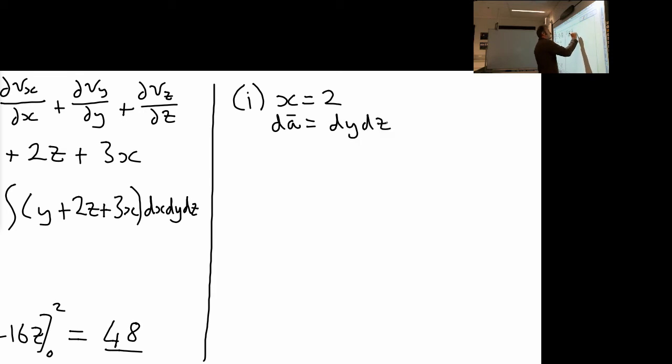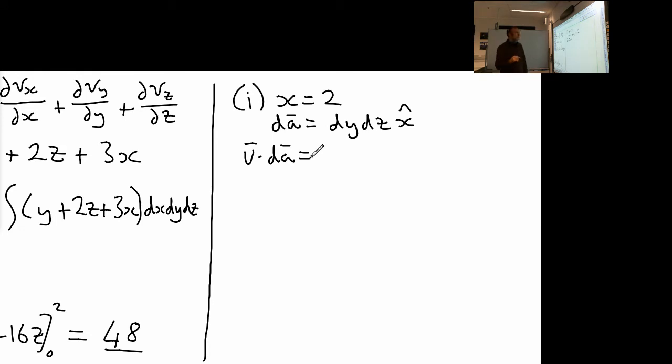The first side is where x is equal to 2. Here our infinitesimal displacement area dA is equal to dy dz x hat. When we do v dot dA, remember x hat dot x hat is equal to 1, and x hat dot y hat is equal to 0.